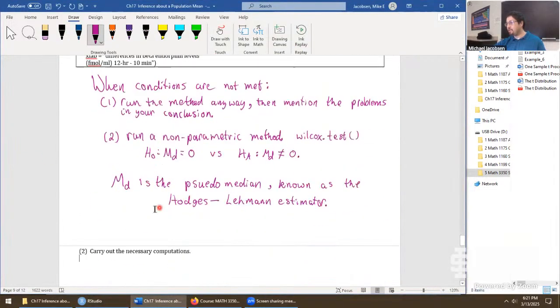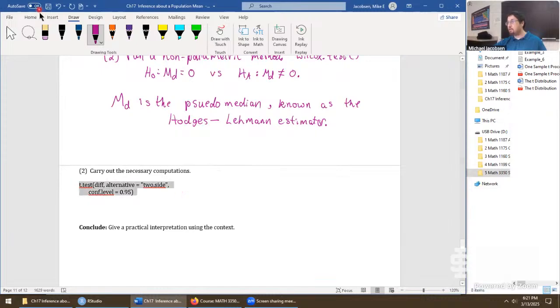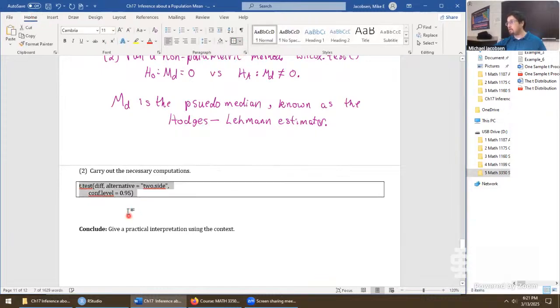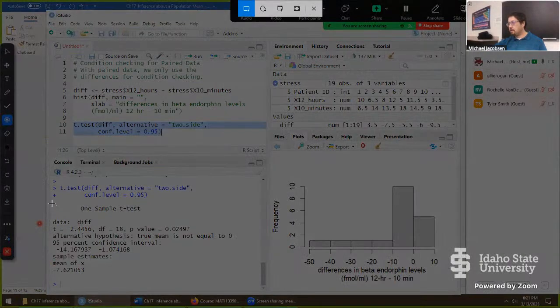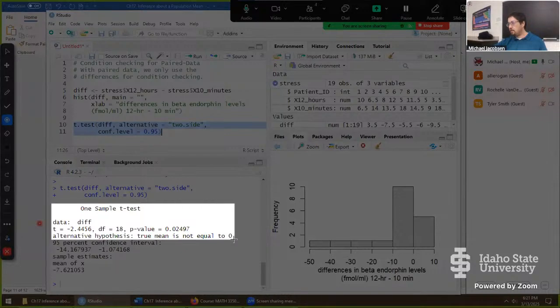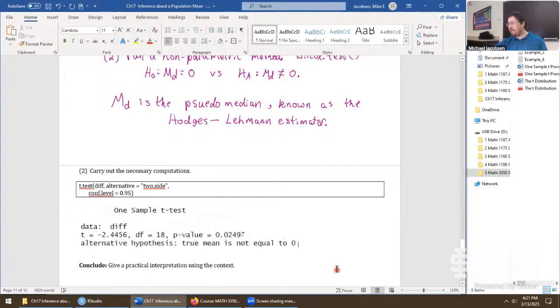Let's throw it in here. All we wanted was the hypothesis test, so I'll take a screenshot that goes like this. There we go. We've got the entire output for the one sample t-test. I recall lots of ways to do this part.